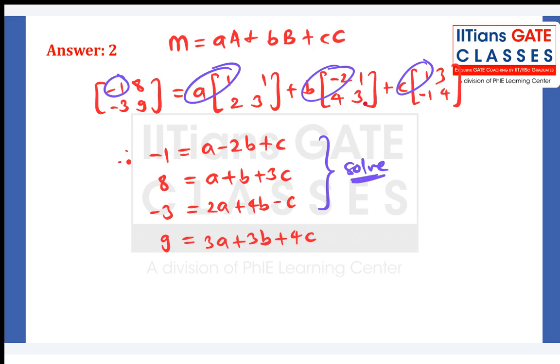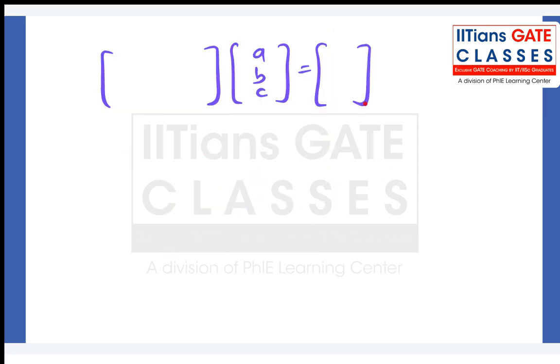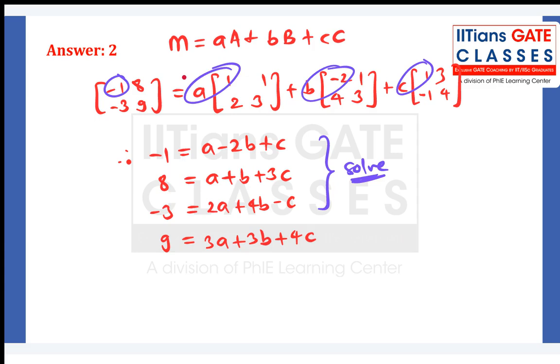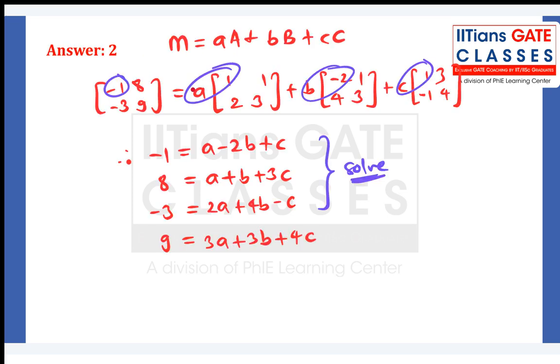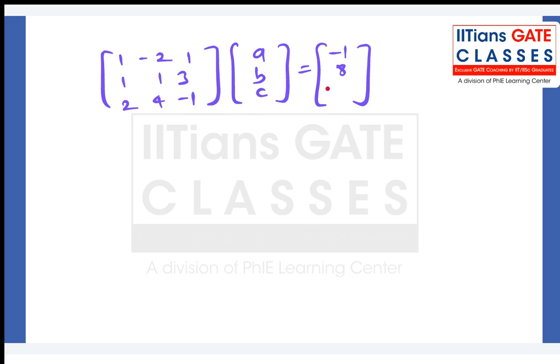It will be 1, -2, 1, 1, 1, 3, and then 2, 4, -1, and on the RHS you have -1, 8, -3. Now you have to use the Gauss elimination method because that will give you a faster answer rather than just trying to find any pattern.